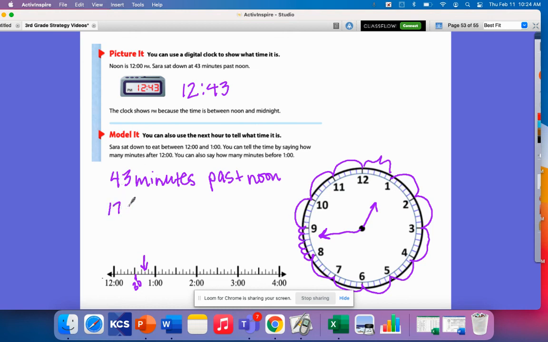It is 17 minutes until 1 p.m. So you can write that two different ways, either going towards the new hour or talking about how many minutes past whatever hour it is that you're working with. And then this is what it would look like on that number line. So that is the end of today's math strategy video.